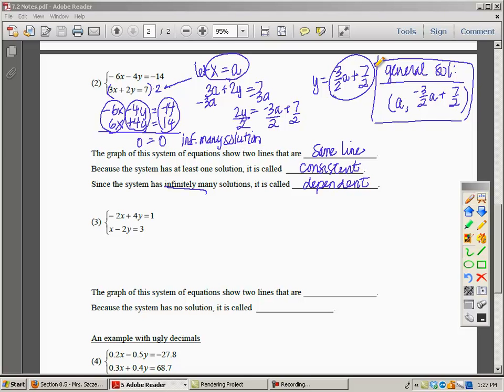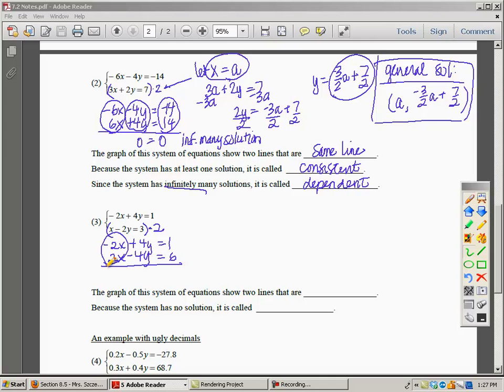Let's take a look at number 3. We've seen one solution. We've seen infinitely many solutions. We can probably guess what's going to happen here. I'm going to get the x's to be the same, so I'm again going to multiply by 2. My first equation, negative 2x plus 4y equals 1. My second equation is 2x minus 4y equals 6.